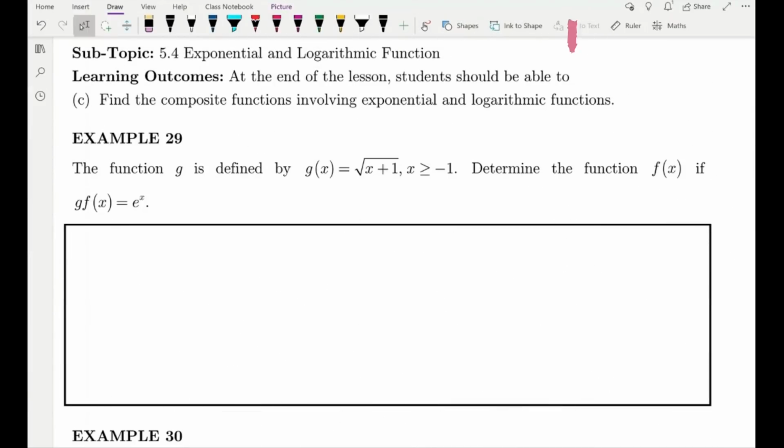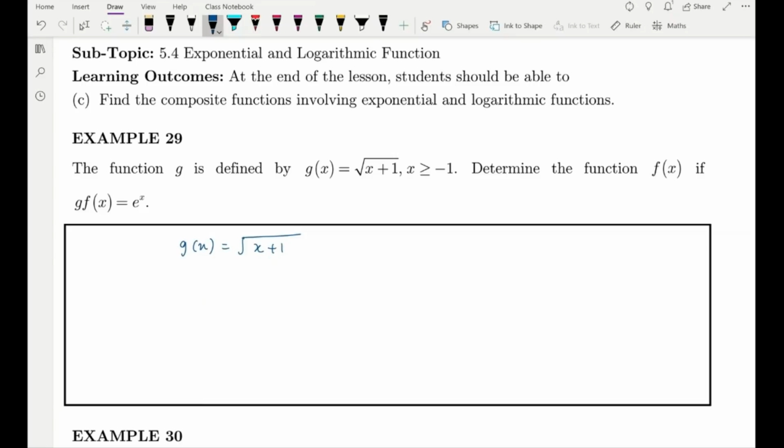For the last subtopic, 5.4, exponential and logarithmic functions. Example 29. The function g is defined by g(x). Determine the function of f if g of f equal to e to the power x. So the given function is g(x) equal to ln(x) plus 1.